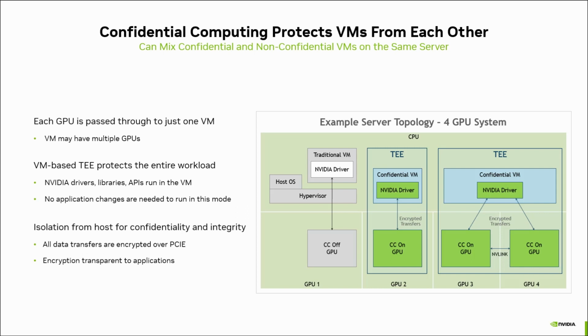The idea here is that the virtual machines are required in confidential computing mode primarily because of the way that the consortium has standardized on leveraging the CPU usages to ensure that the hypervisor can't just poke into the virtual machine itself. With this, the data will be encrypted across the PCI Express bus, and if you are in a multi-GPU scenario with NVLink configured, the NVLink will also be encrypted.